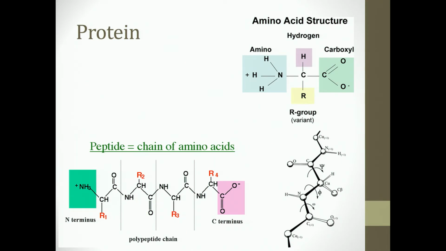Now, if these amino acids are placed one after another during the synthesis process, we can notice that this is a carboxyl group and this is the amino group. One hydrogen from here and one OH from here come out, forming one water molecule, and at that time there is a covalent bond between these two.